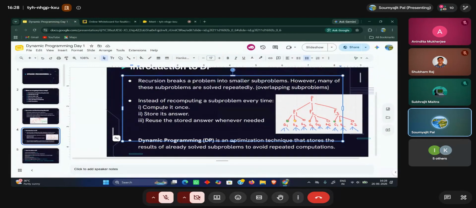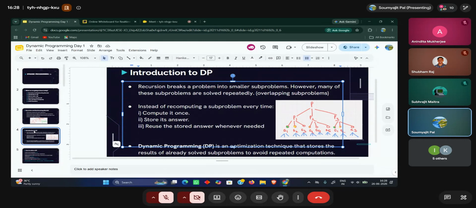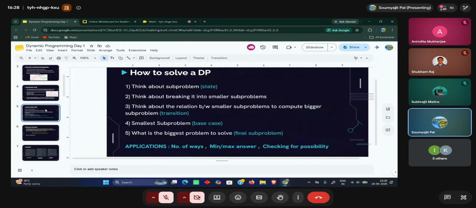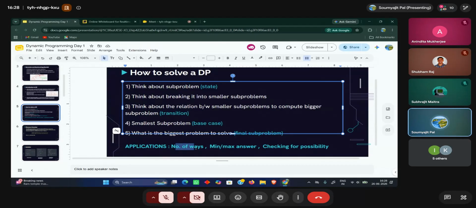Okay, these points are discussed here. If I talk about applications, in the coming classes, when we discuss graph algorithms for finding the smallest distance between two nodes, we need some memoization techniques. There are overlapping subproblems there, and I need some DP states to store the answers of those problems.